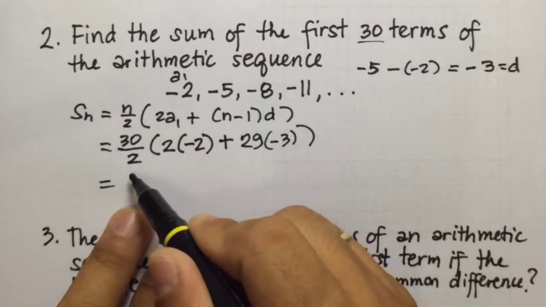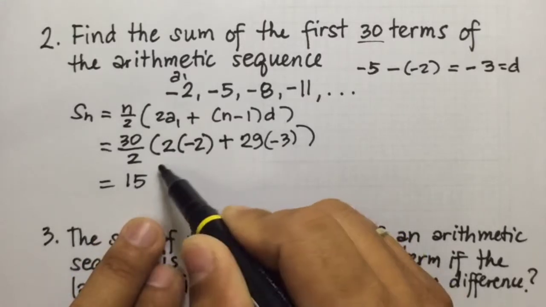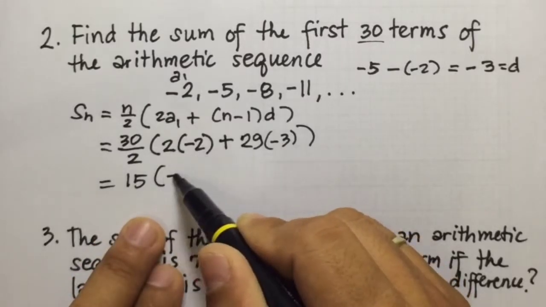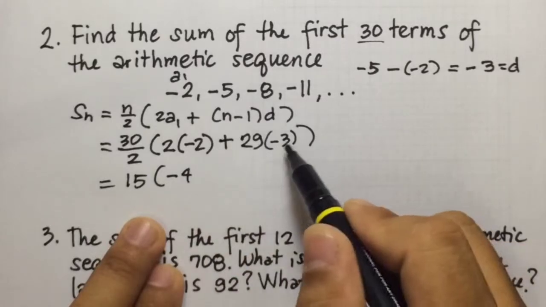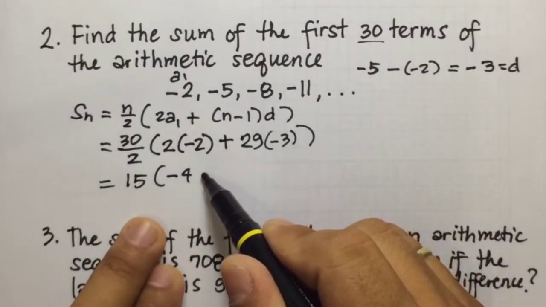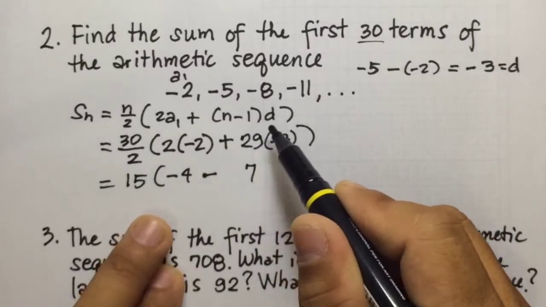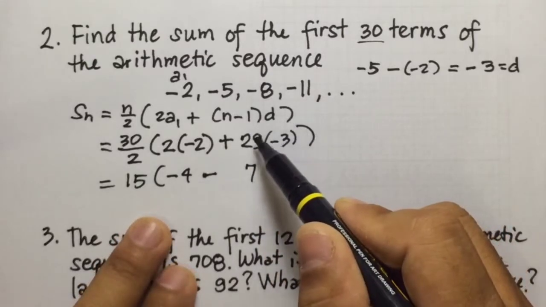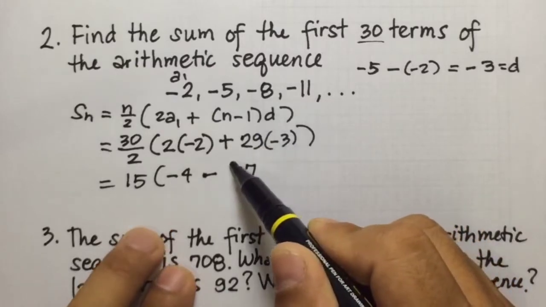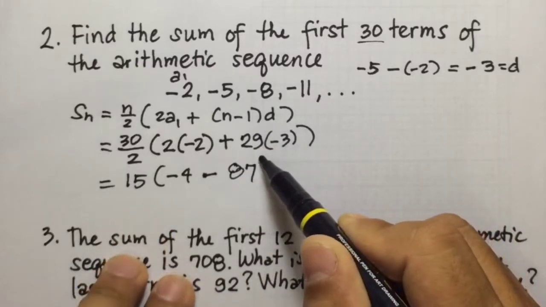Then 30 divided by 2, this is 15. Then times 2 times negative 2 is negative 4. Then 29 times negative 3, that is negative 87.